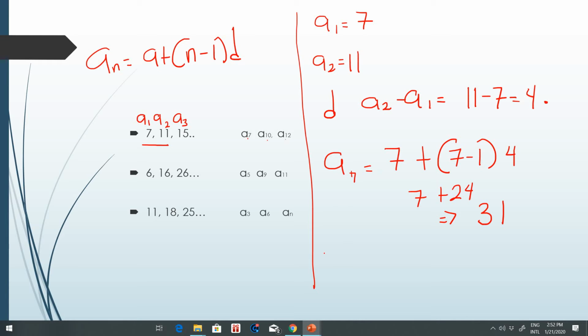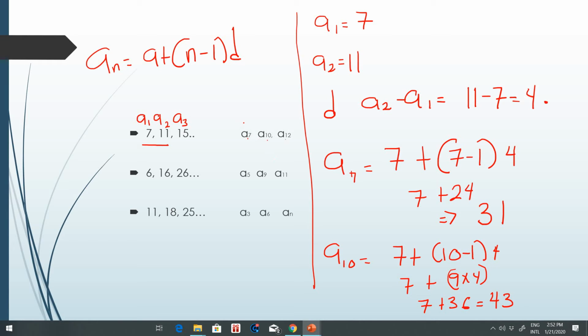A10, same thing, is 7 plus (10 minus 1) times 4. 9 times 4 is 36. 7 plus 36 gives us 43. So we have here 31, 43, and then A12.